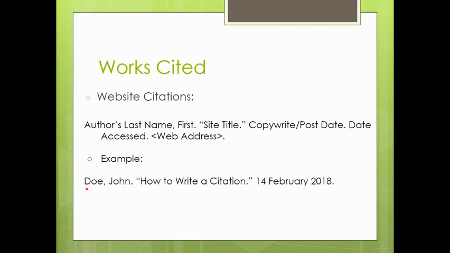So the author is John Doe, so last name Doe, comma, John, period. The title of the website was How to Write a Citation, with the period inside the quotation marks. The post date was February 14th, 2018.